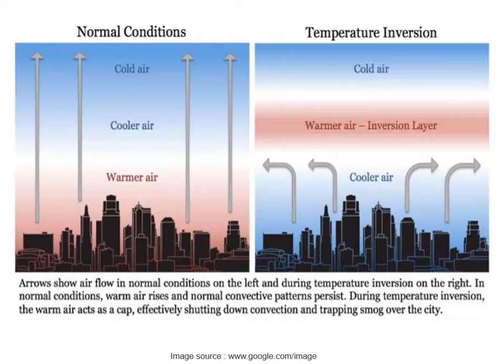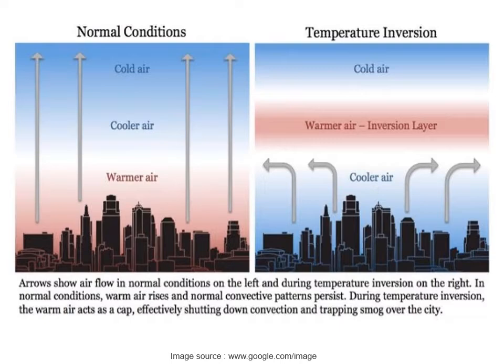And in the right hand picture you can see that during night time the surface temperature becomes cooler, and as we move up for a short height, we get a warmer layer. That means a temperature inversion occurs.